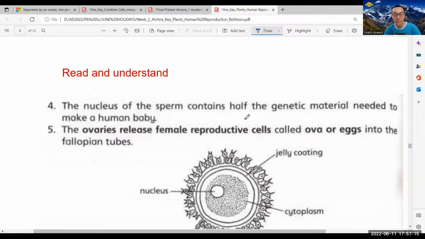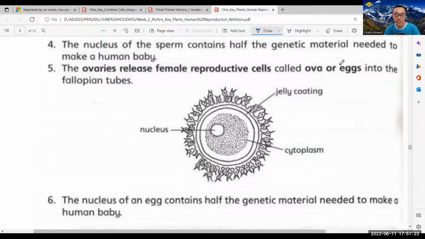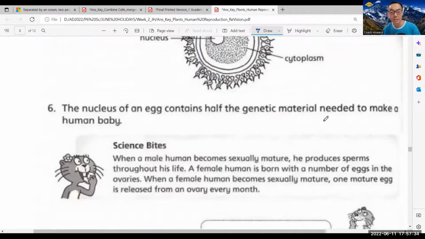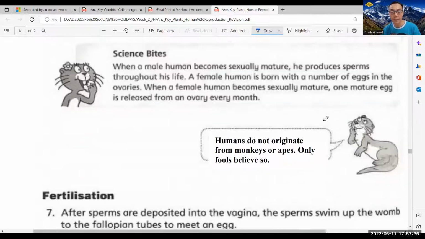So you can see here, the nucleus contains the genetic material from the man, whereas the nucleus of the egg contains the genetic material from the woman. So if the sperm and the egg fuse, the child will have characteristics from both the father and the mother.